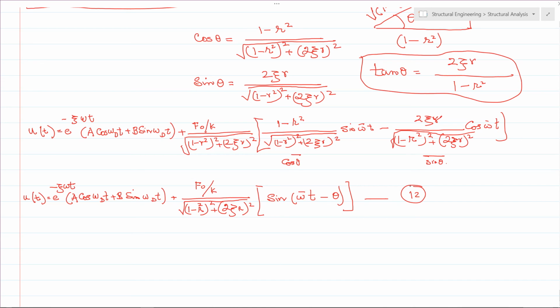So now we have reduced to our final equation, which is equation number 12, where we know that this is our complementary solution and this is our particular solution.